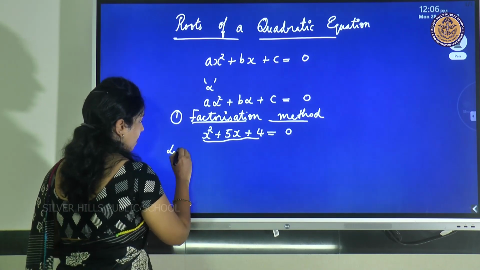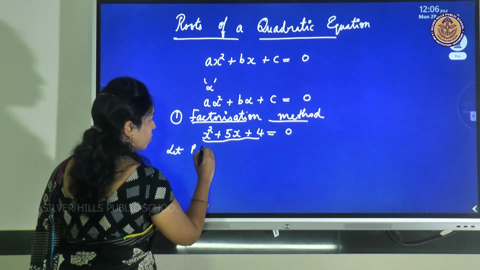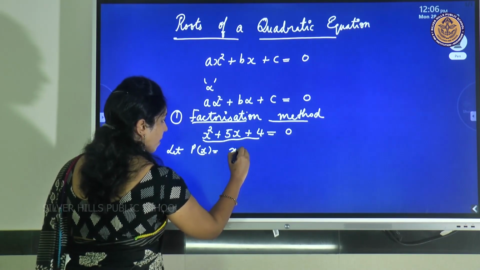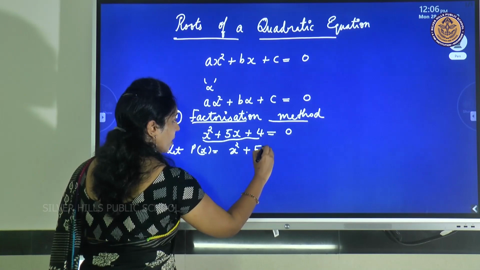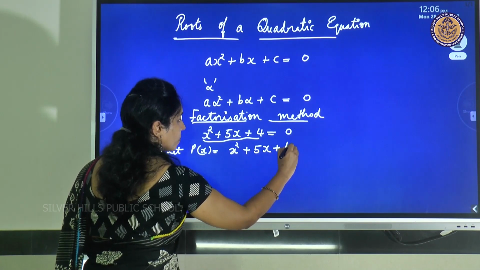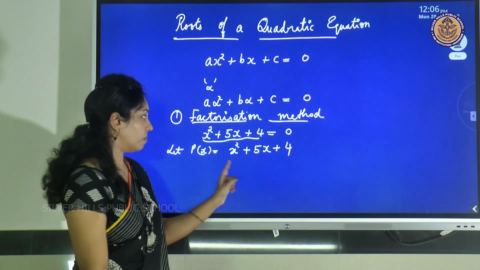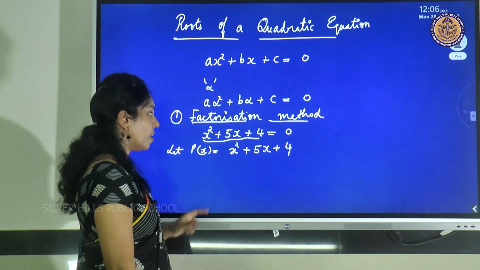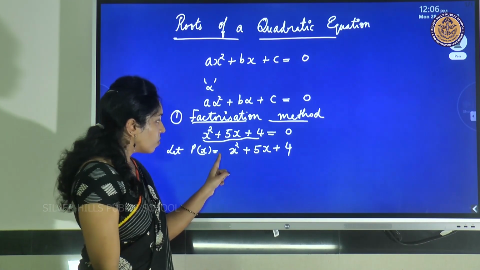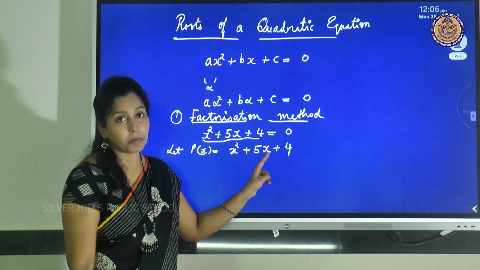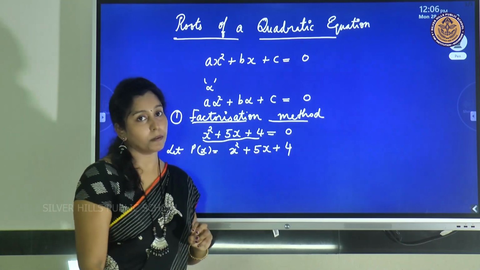So let p of x be equal to x square plus 5x plus 4. This is my polynomial, that is, a quadratic polynomial. And now I am going to split the middle term of this quadratic polynomial.